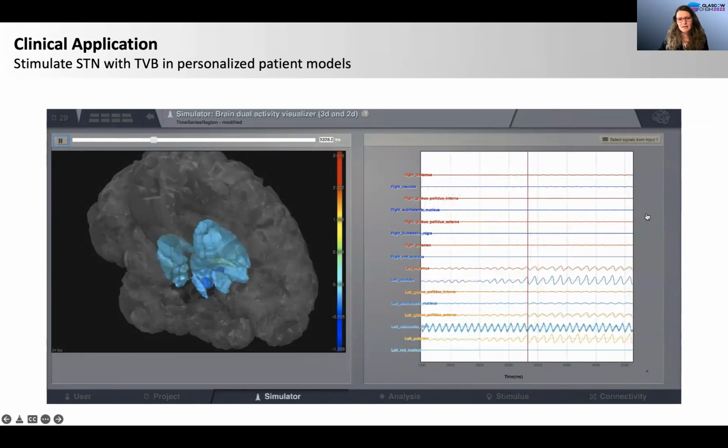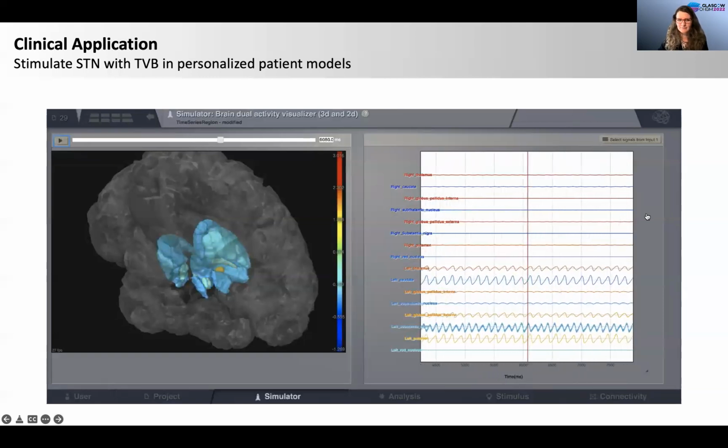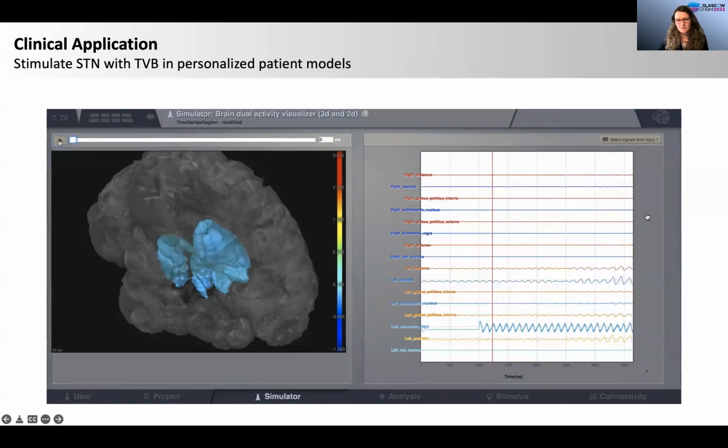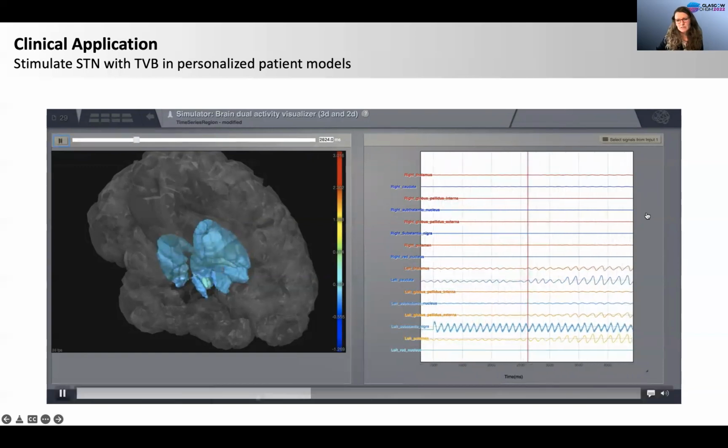Here, we have only simulated the basal ganglia with the GUI, and we stimulated the subthalamic nucleus, which is one of the targets used for brain stimulation in Parkinson's disease patients. You can see how that one stimulus propagates through other regions, impacting their activity as well, and how it spreads throughout the network.